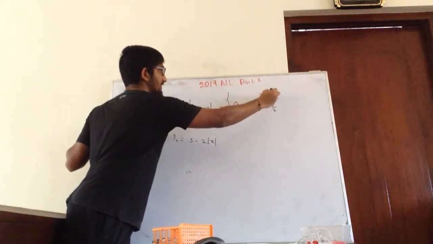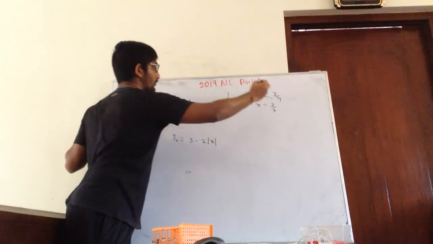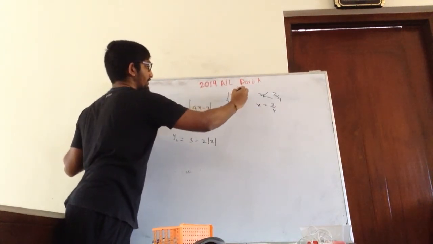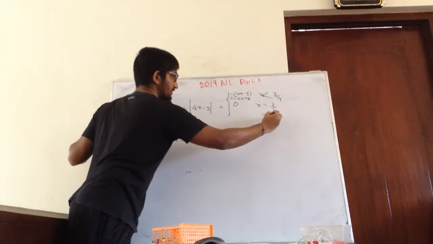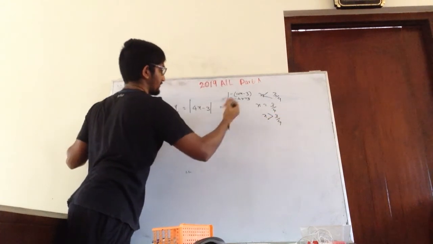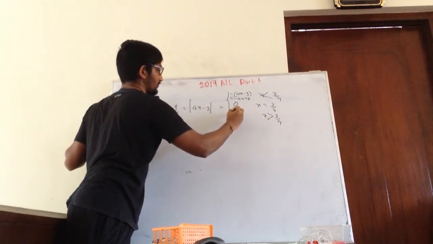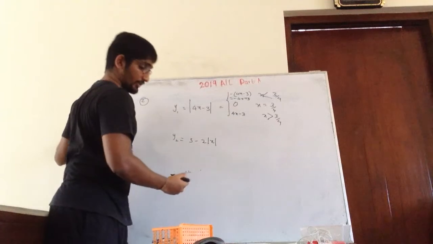Then when x is less than 3 over 4, you will get a minus (4x minus 3), that means minus 4x plus 3. When x is greater than 3 over 4, you will get plus 4x minus 3.